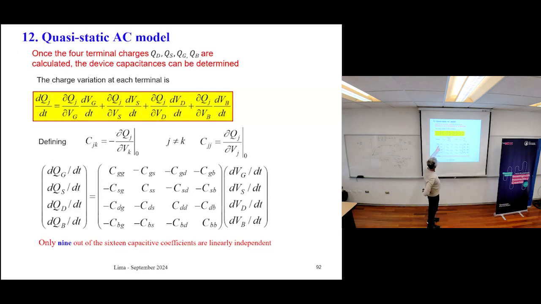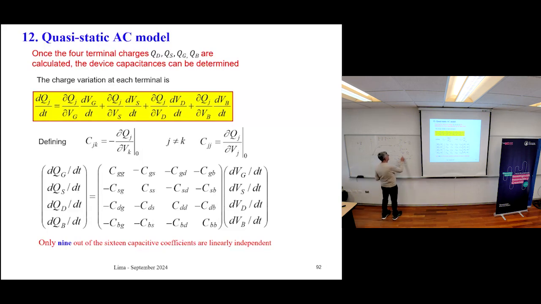Okay, the dQg is CGG dVg minus CGS dVs. What is CGG? CGG is just the gate charge in terms of the gate voltage, right?